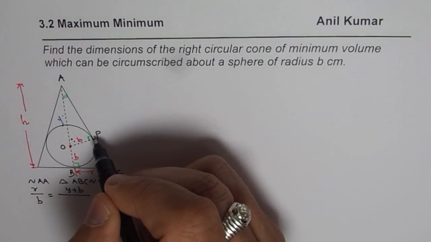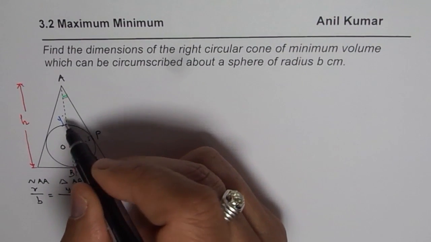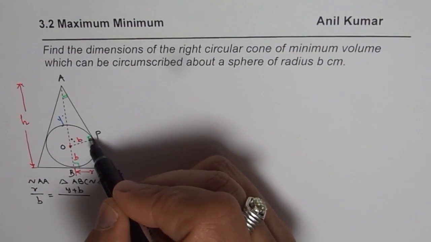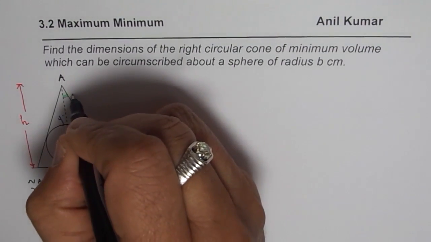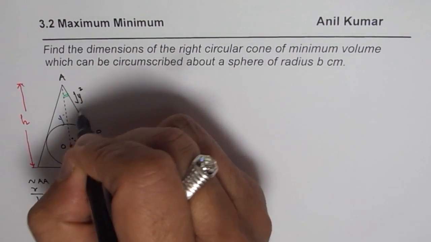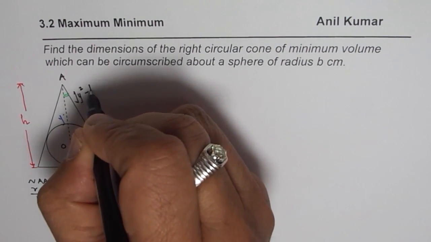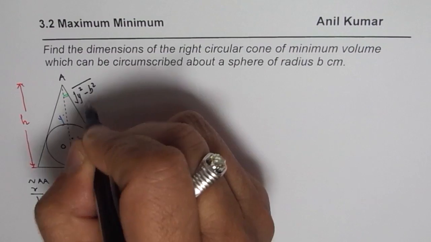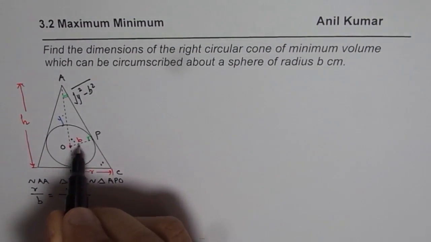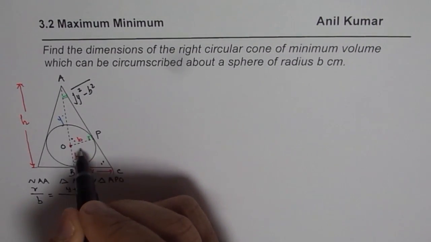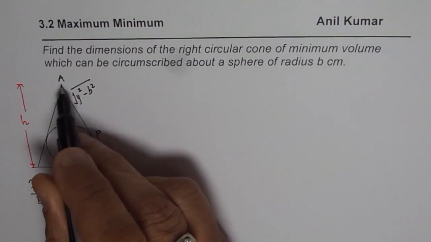So what is AP? Well, because this is 90 degrees, with hypotenuse y, AP is the square root of y square minus b square, right? That is a right triangle.